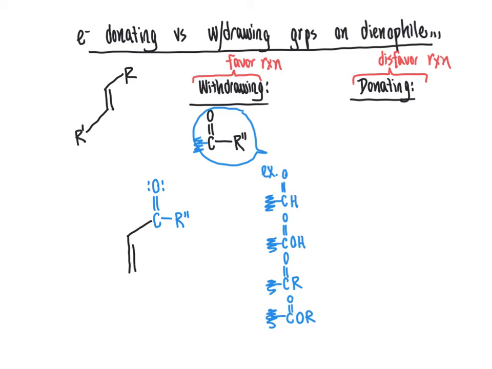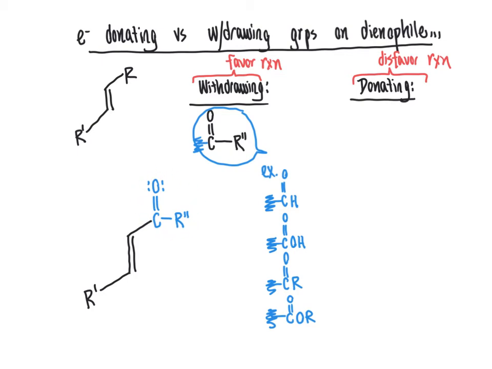So we come over here and we plug in our alkene, and then I'll just put R prime out here. So what I've done is I've taken this generic dienophile and I have gone ahead and put the electron withdrawing group right here.